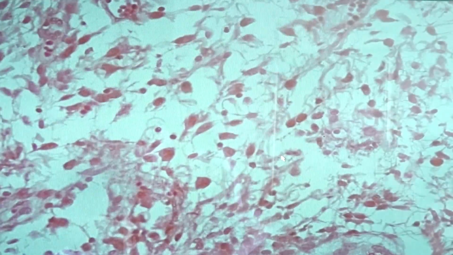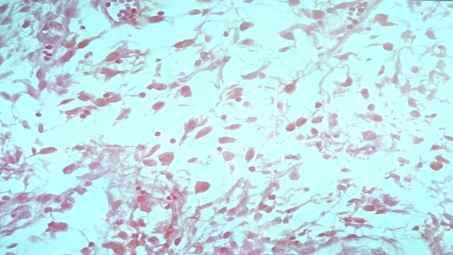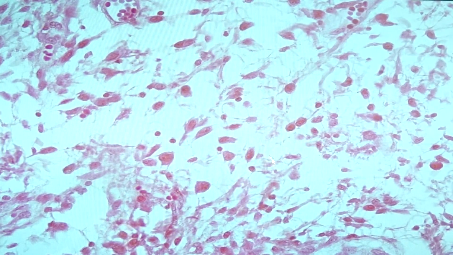You have to go to high power magnification to appreciate its appearance. You can see the presence of abundant cytoplasm, but this time you have a large nucleus.